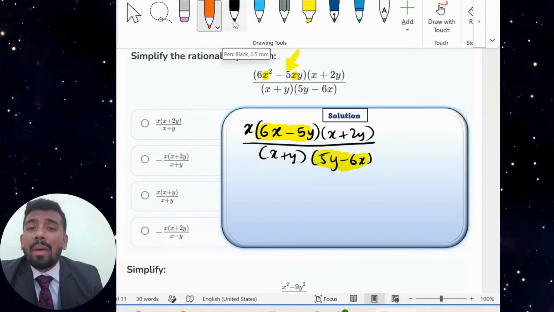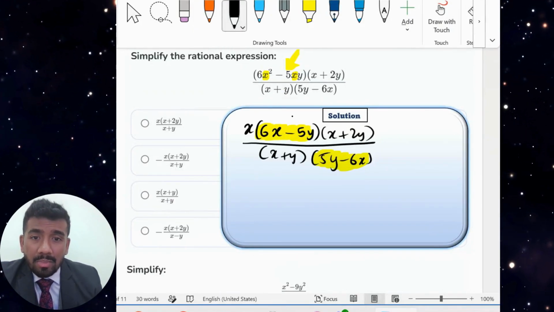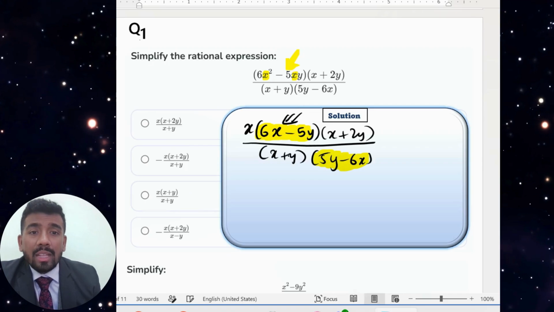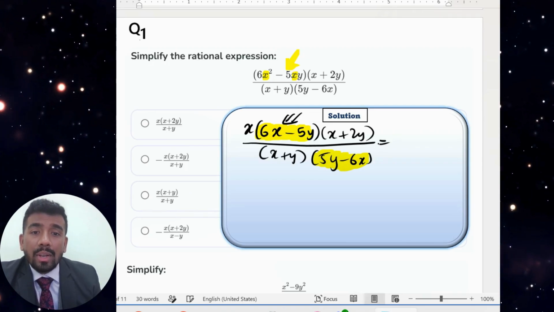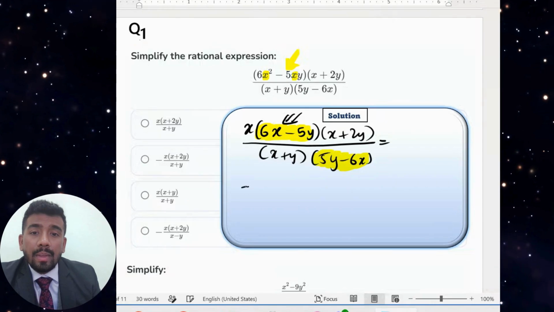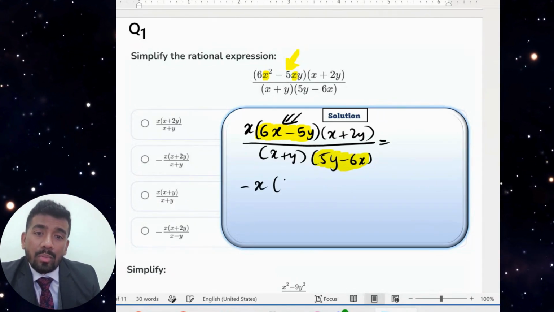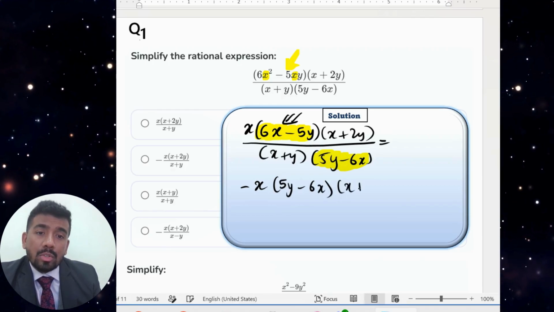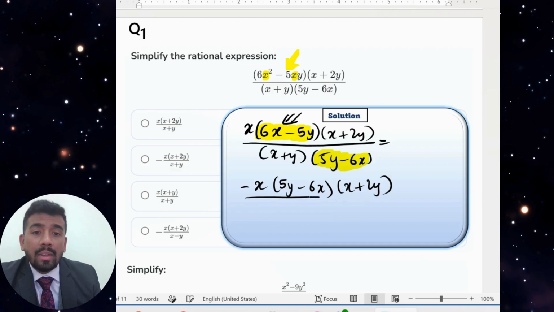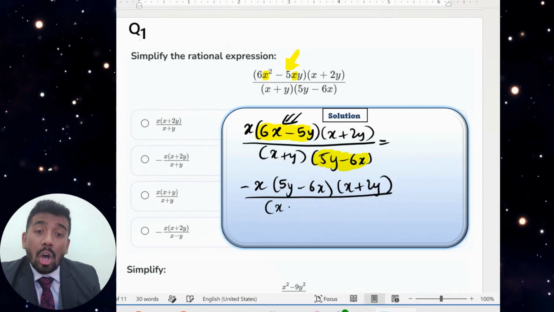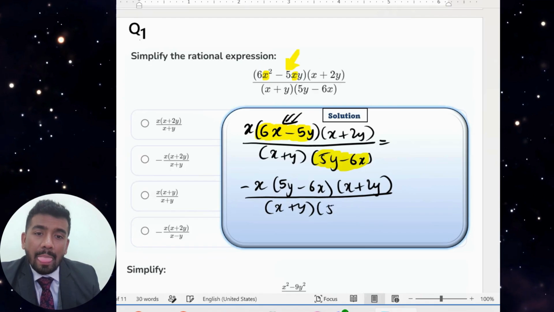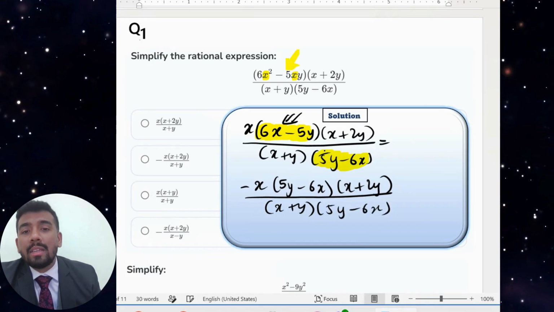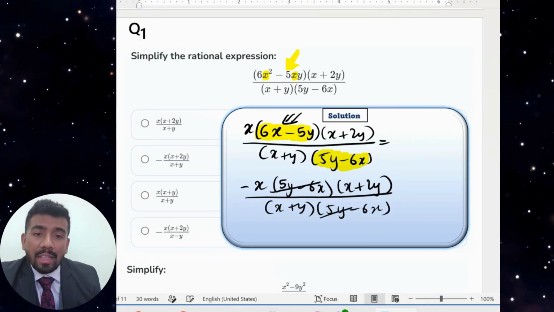We'll just take the minus out from this bracket. Once you take the minus out, what will you get? Minus x, and this one will become the same as the down one, because once we take the minus out, the sign becomes opposite. Now you can see the up and the down become the same, so we can cancel it out.